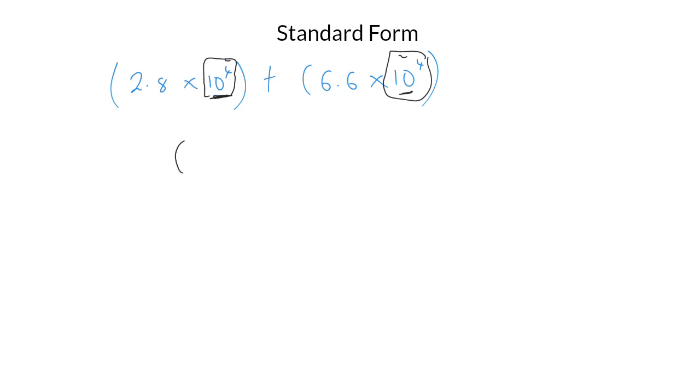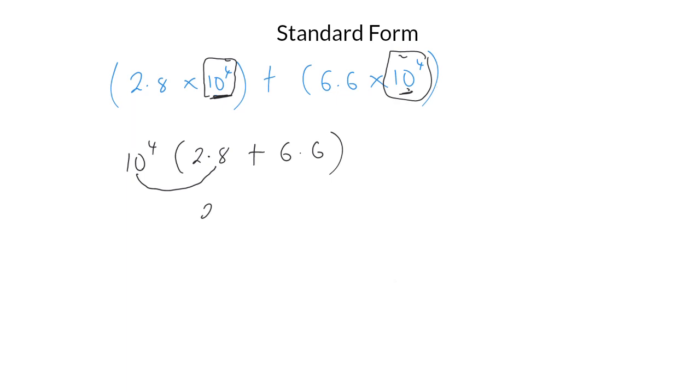When I take it out, I'm having 2.8 plus 6.6, and then I close the bracket, such that the bracket can multiply 10 to the power 4. So 10 to the power 4 times 2.8 gives 2.8 times 10 to the power 4, and times 6.6 gives 6.6 times 10 to the power 4. Do you see that? That's why it's important for the power of 10 to be the same.